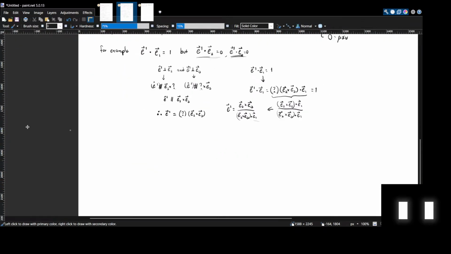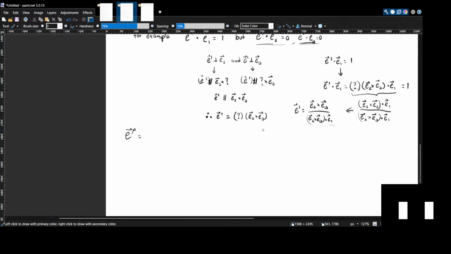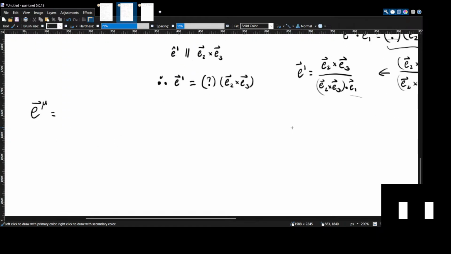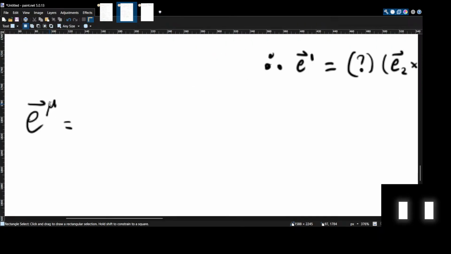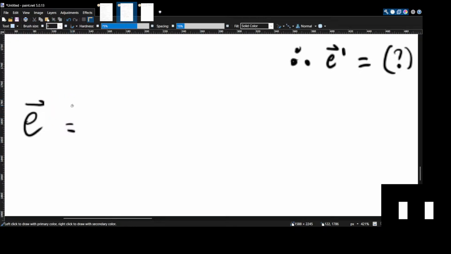Therefore, the next thing we can do is generalize this. So we now know that E mu, the reciprocal vector for the mu vector, hold on, I don't want that actually. I'm going to use EI instead.